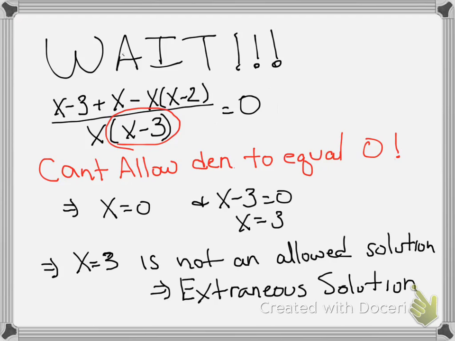So we basically got rid of this x times x minus 3 term by multiplying both sides. And we ended up losing this information, or rather hiding it. So when you do this, keep an eye out for those forbidden values and make sure that one of your solutions isn't this extraneous solution.